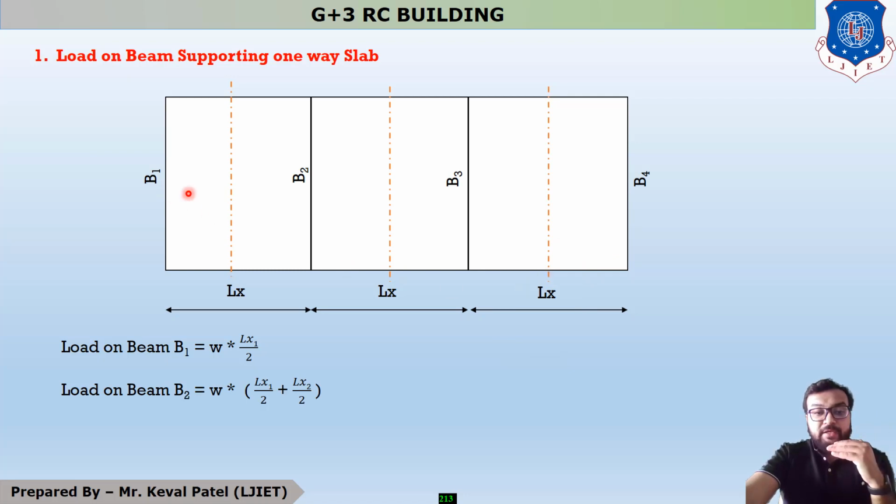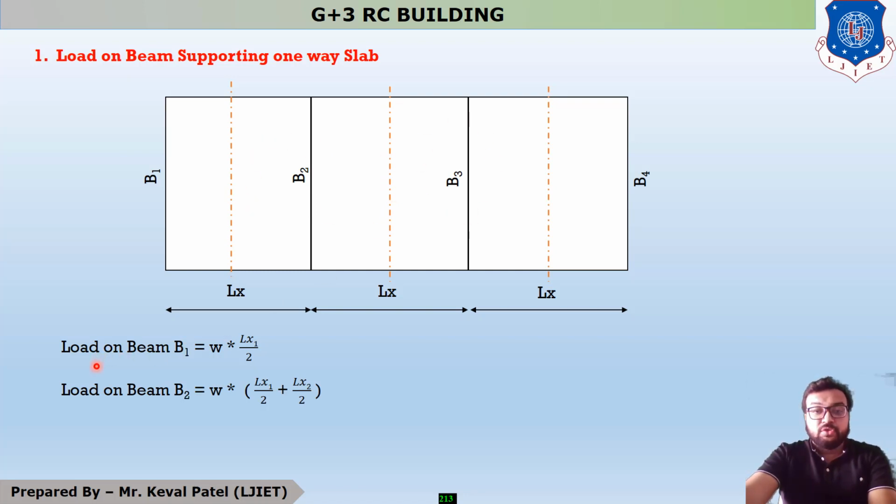Now if your main reinforcement is provided in this direction and in the vertical direction your distribution steel is provided, it means your main steel takes all the loads. It means half the load of the slab is going to beam B1 and half load is going to beam B2. Similarly, from this slab half load is coming to B2 and half load is coming to B3.